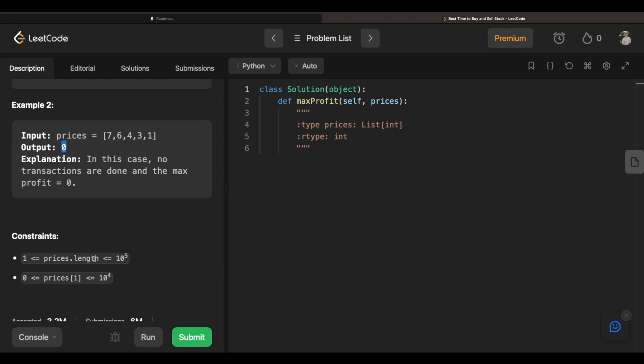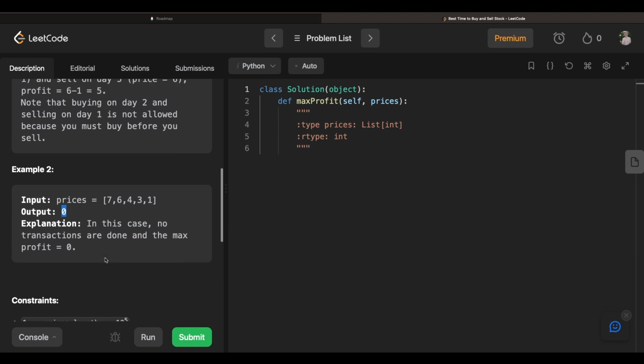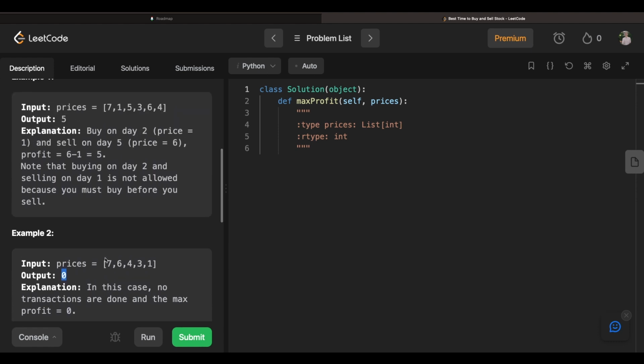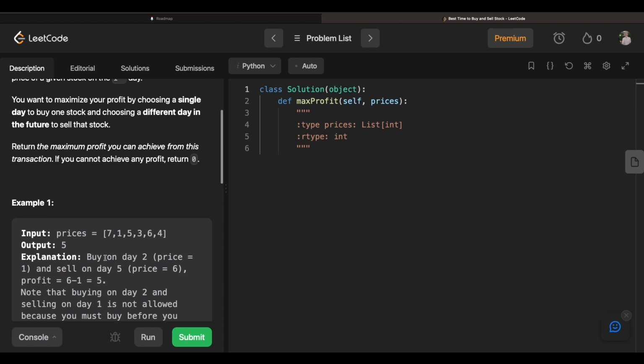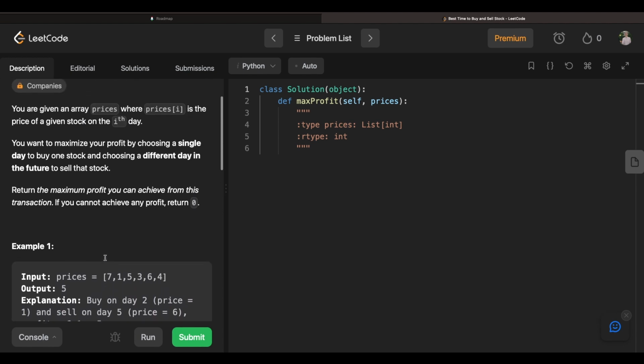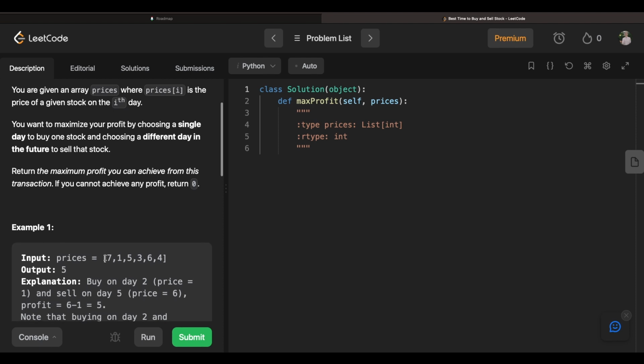And then our constraints, the length of the prices can be pretty big. The value of the prices can be pretty big as well. I don't think any of those dictate too much. Right. So I don't have a solution yet in mind, so let's pop down to the whiteboard and think about what we might do.